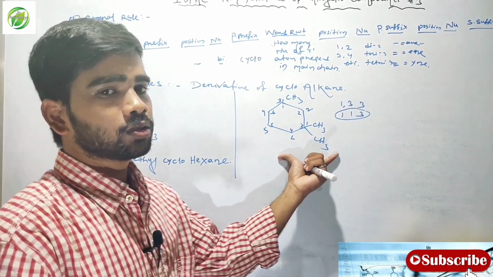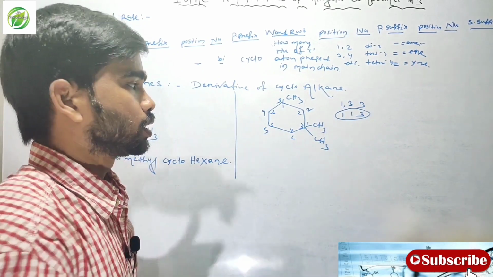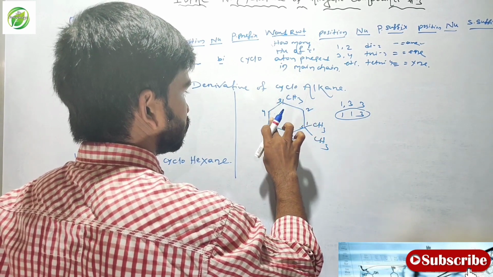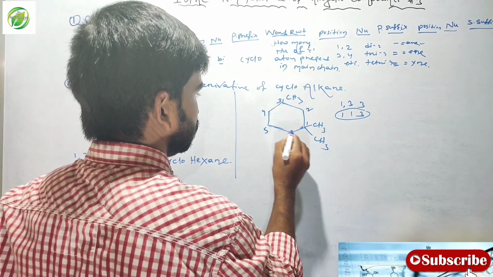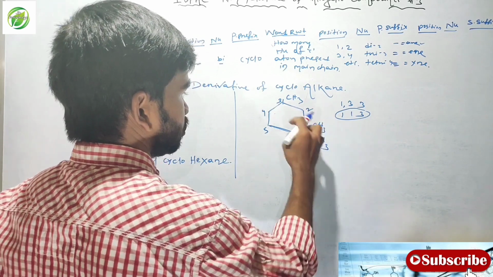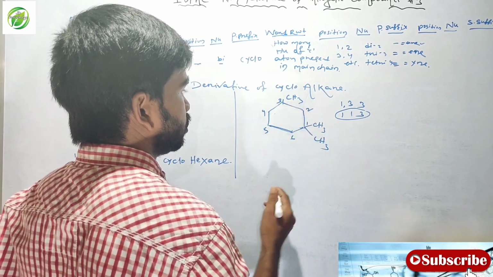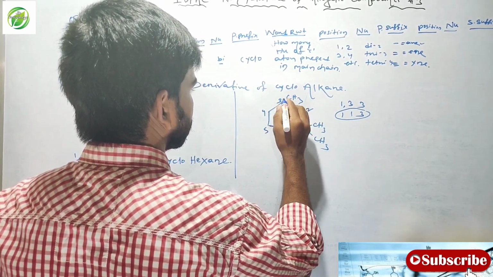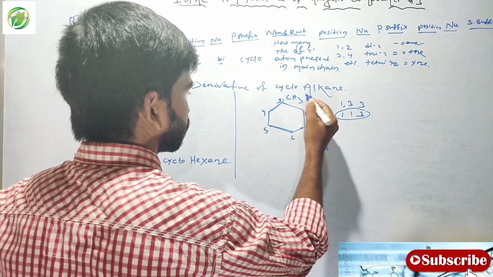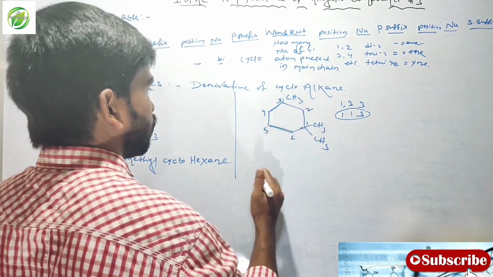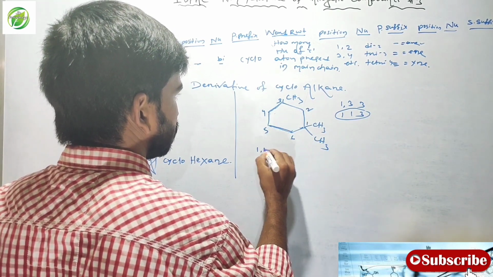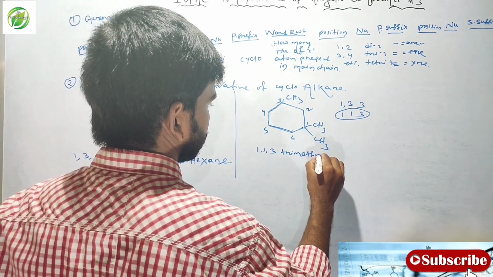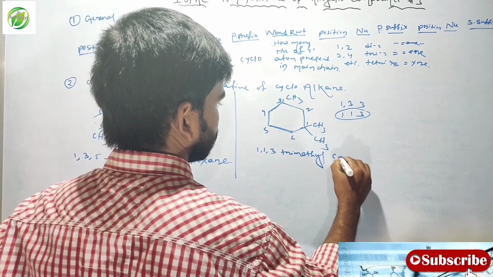Friends, if you did not understand it, please see my previous lectures. So this is our right numbering. So the name of this compound is 1,1,3 trimethyl cyclohexane.